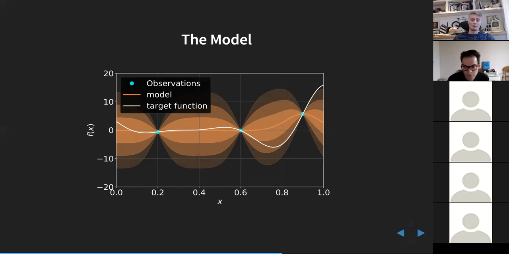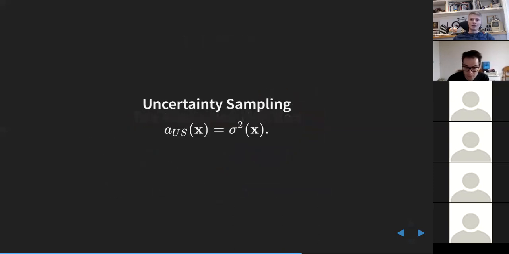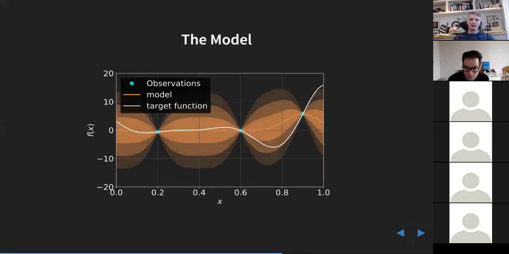And of course, people have looked at that, and they've looked at it in terms of acquisition functions. So the first acquisition function is the following, and this notation here is just saying the posterior variance of the function. So if we go back, the posterior variance is just the square of this standard deviation here. So all that function is saying is that I just want to acquire where I'm most uncertain about the function.